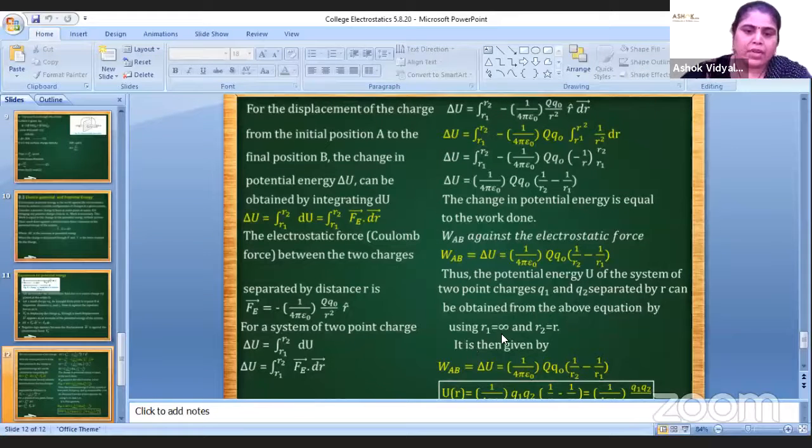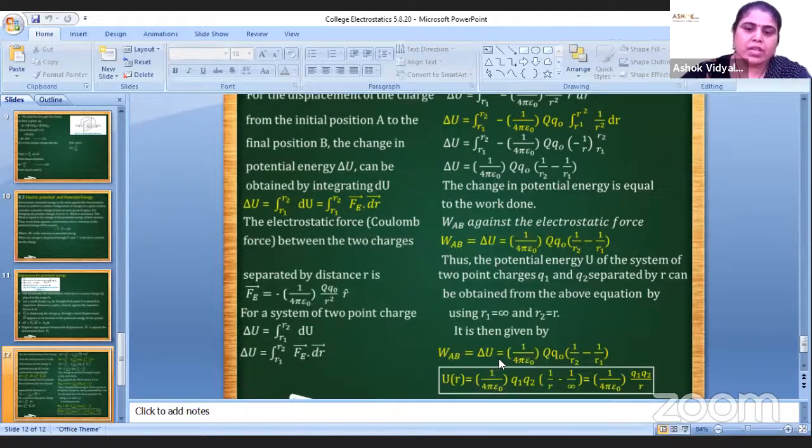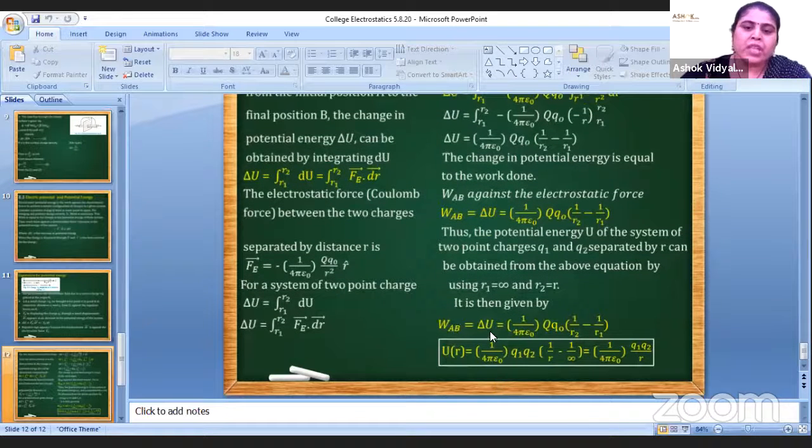Therefore, using R1 is equal to infinity and R2 is equal to R, the work done W is equal to delta U. Suppose we are bringing this charge from infinity to R. Therefore, this R1 becomes infinity. The value of R2 is equal to R.